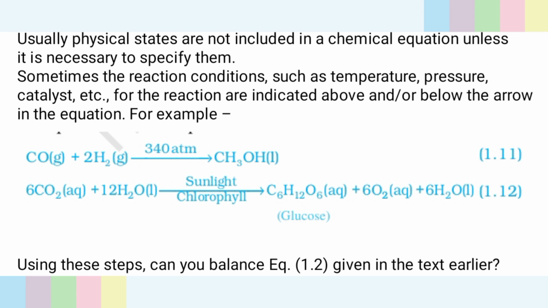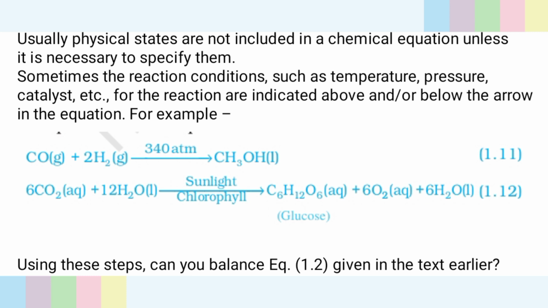That will form CH3OH, which is in the form of liquid. So sometimes the conditions of the reaction, that is the temperature, the pressure and the addition of catalysts, should be written. Here it is written, 340 atmospheric pressure, on the top of the arrow mark or below the arrow mark.